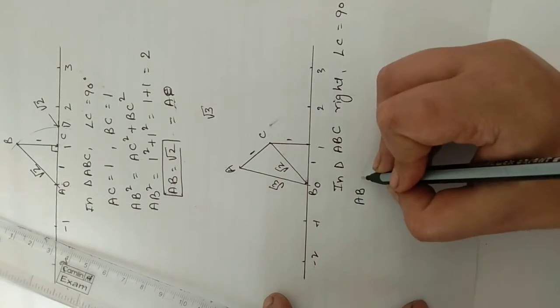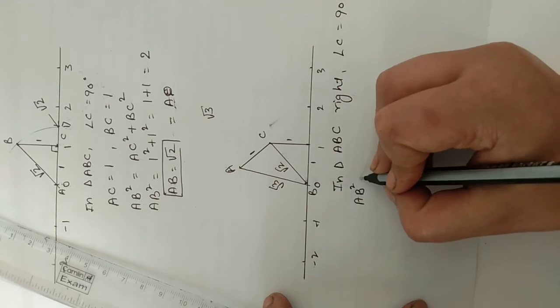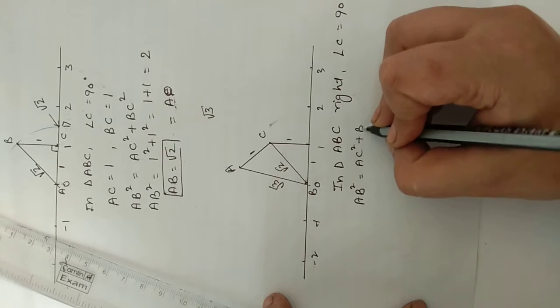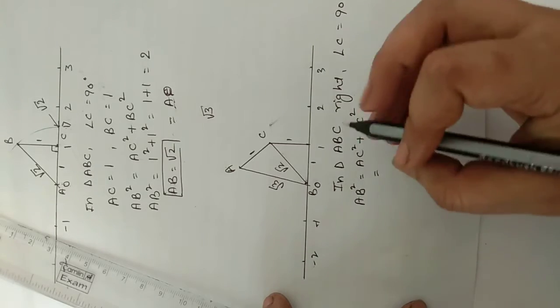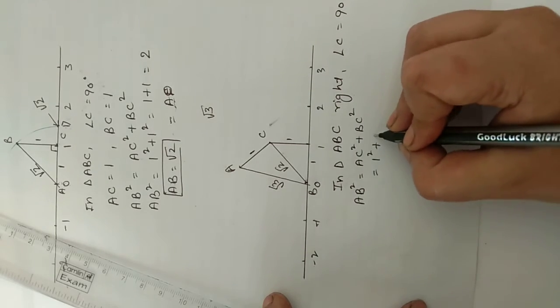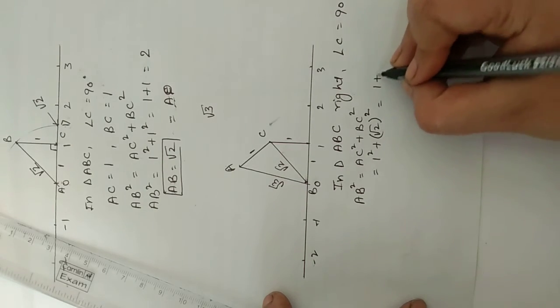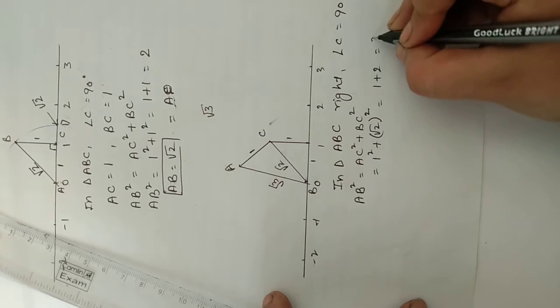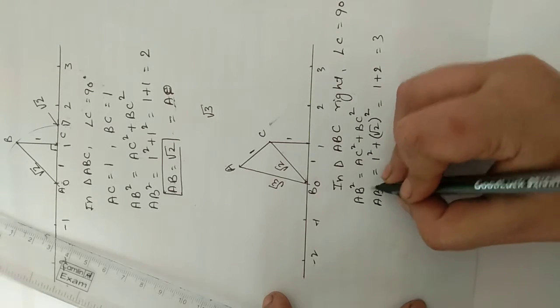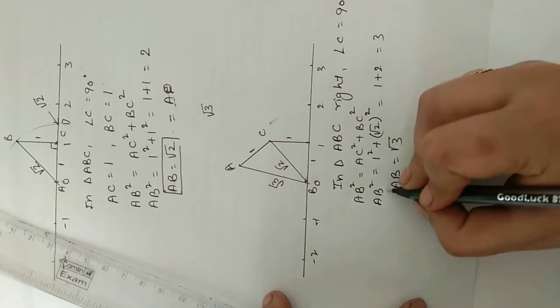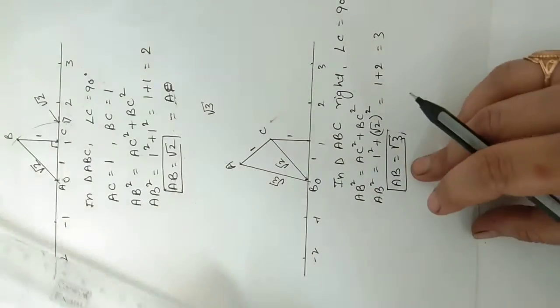AB square, because it is the hypotenuse, is equal to AC square plus BC square. AC is 1 unit, BC is root 2. Okay, so it is 1 plus 2, so it is 3. AB square is 3. So from here AB is root 3. So here we have proved AB is root 3.